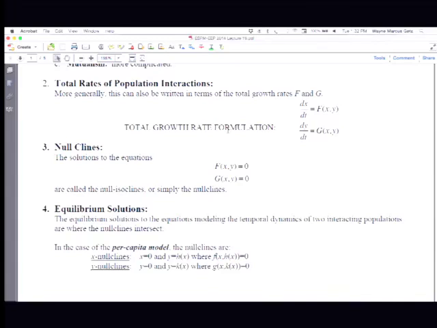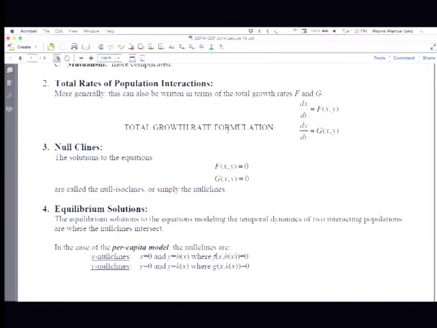So either x equals 0, or if x is not equal to 0, I can divide it out, and y equals a over b. So if I were to look in the xy plane, I would get either x equals 0, which would be this line, or y equals a over b, which is that line. So I get two lines.